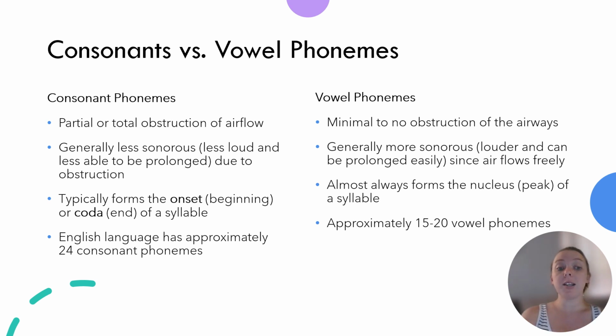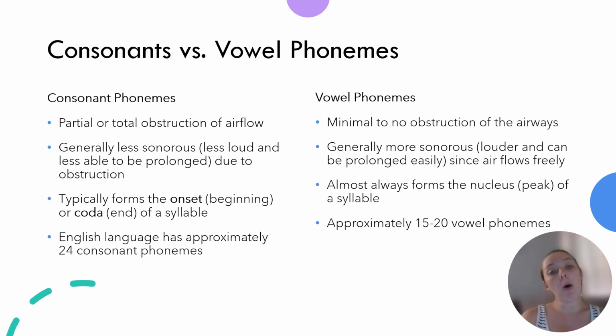Consonant phonemes typically form the onset, which is the beginning, or the coda, sometimes both, which is the end of a syllable. With every syllable, there's typically always a consonant and a vowel. The English language has approximately 24 consonant phonemes.